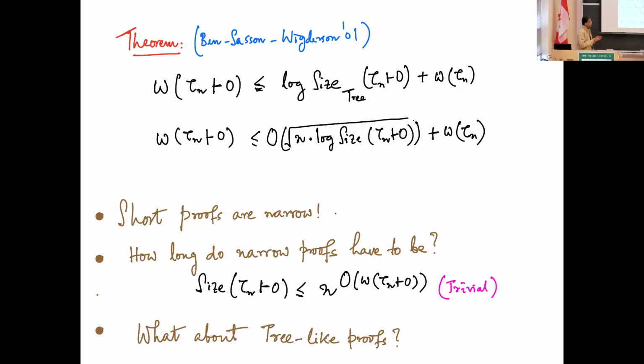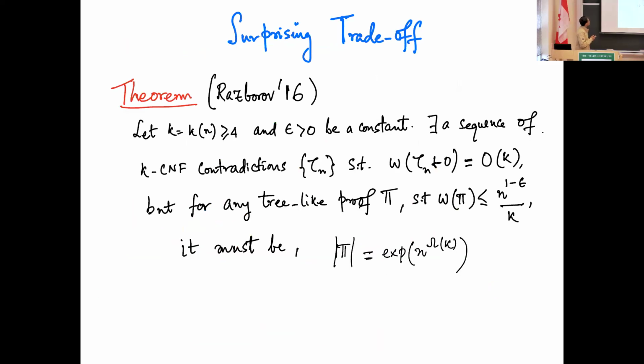But what happens if you want to make your proof tree-like? What can we say about this upper bound on size, given that the width is small? This is where Razborov's result from 2016 comes in, which is a very strong and surprising trade-off between width and size of tree-like proofs for resolution.